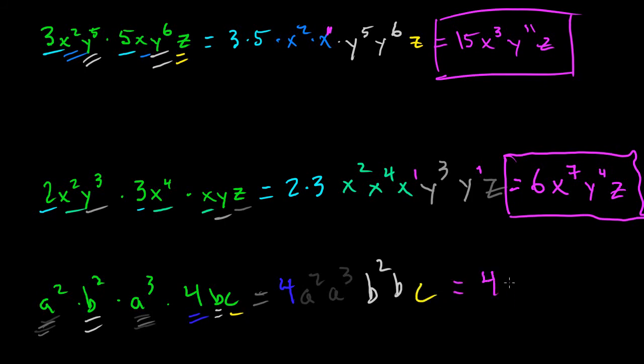So we have 4, a to the fifth, b to the third, c. In order to simplify these expressions, we're applying the commutative property and our rule that multiplying exponents with like bases means to add the exponents.